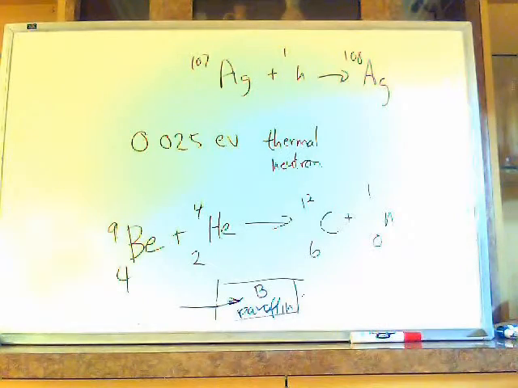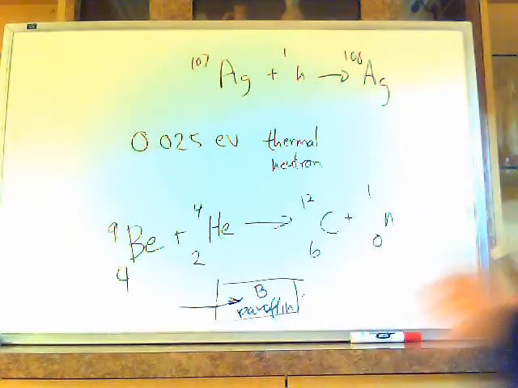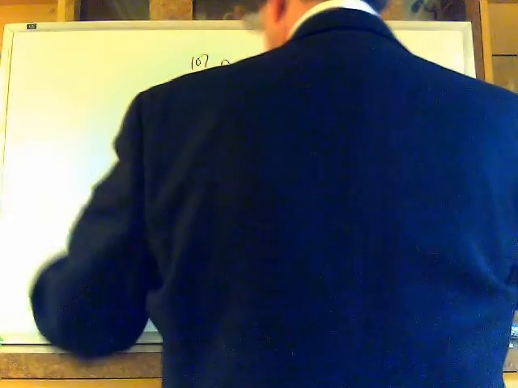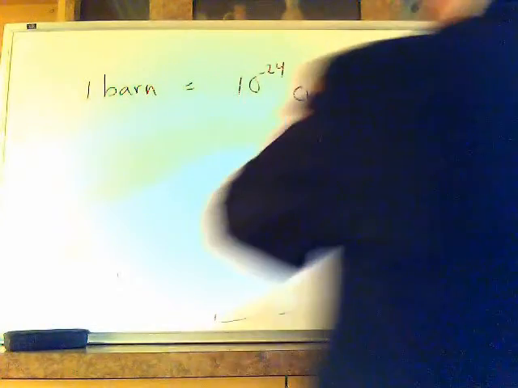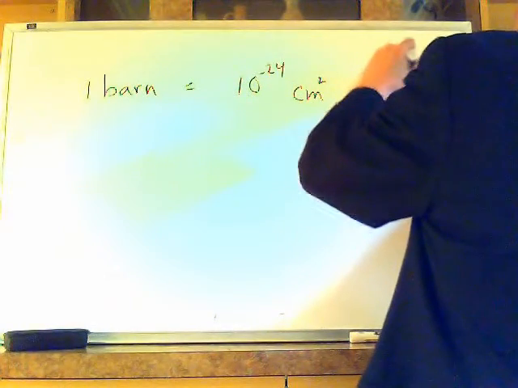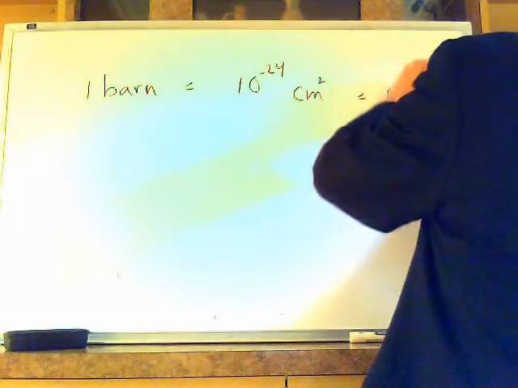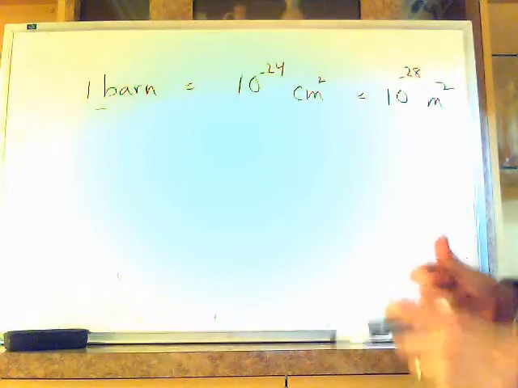The other thing is, when we're talking about cross section, it's measured in units called barns. One barn equals 10 to the minus 24th square centimeters, and that's also equal to 10 to the minus 28th square meters. It's an interesting anecdote how it got its name, barn.